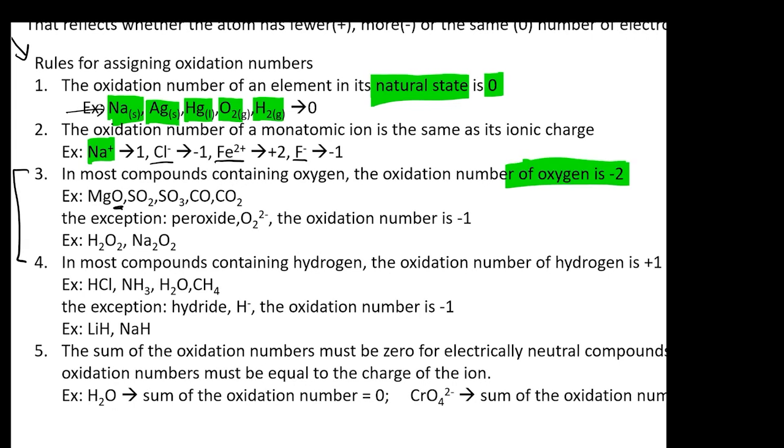Every time you see a compound or molecule where the chemical formula carries oxygen, the oxidation number of the oxygen will always be -2. There's actually only one exception: if you have peroxides, then the oxidation number of your oxygen will be -1.